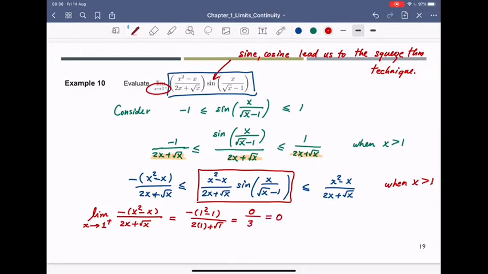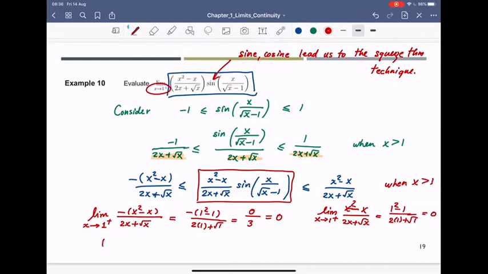And then you hope that once you compute the limit of the upper bound function, which is x squared minus x over 2x plus square root x, this is going to be 0 too, and of course it is.